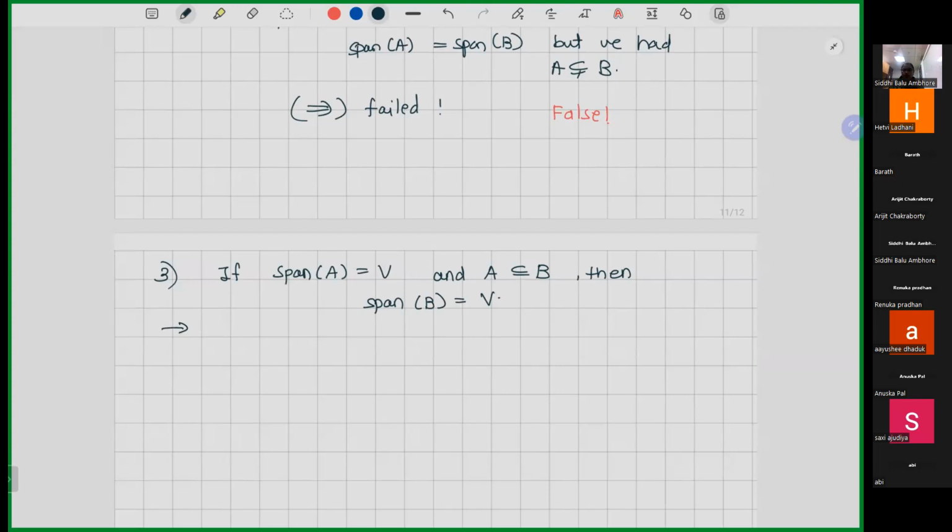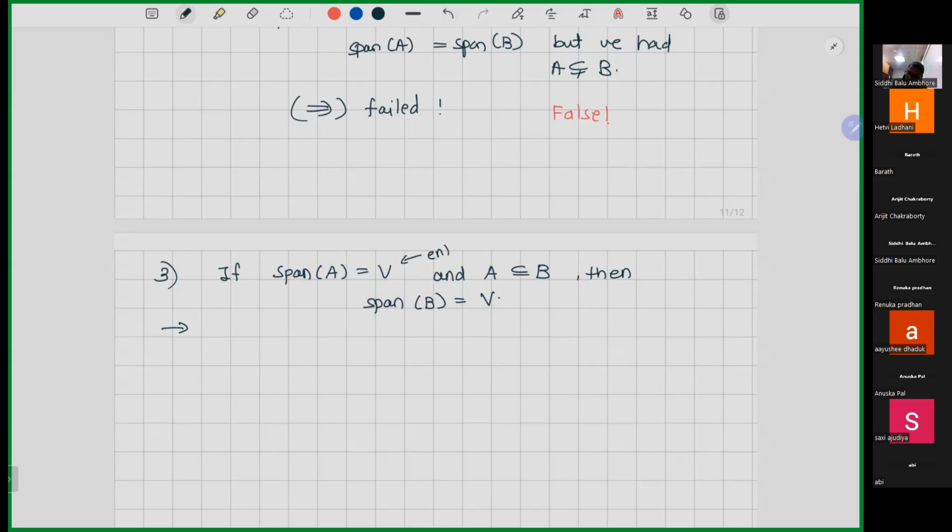These are the given conditions, that span of A is V, and we want to check whether span of B is V or not. Okay. So what is your guess for this? If span of A is equal to V, I mean V means the entire vector space.